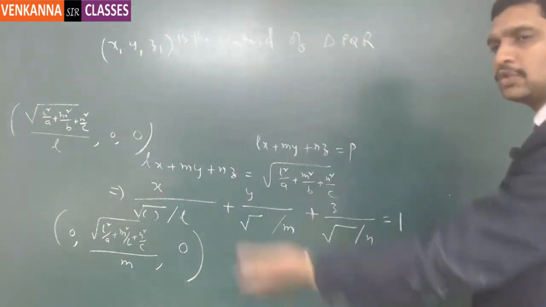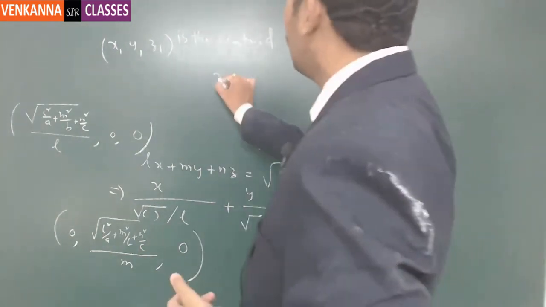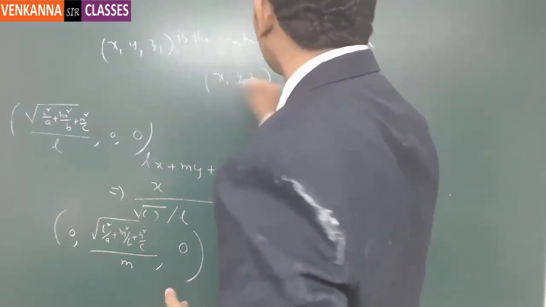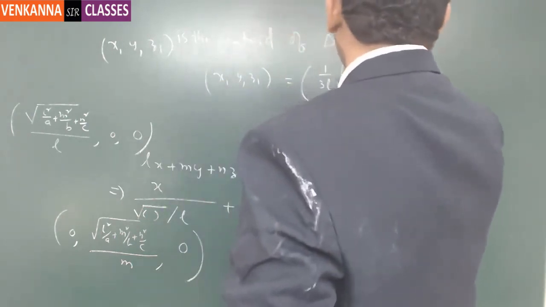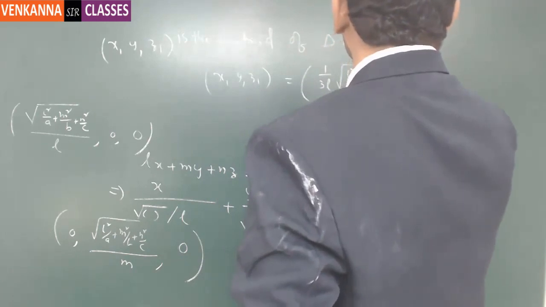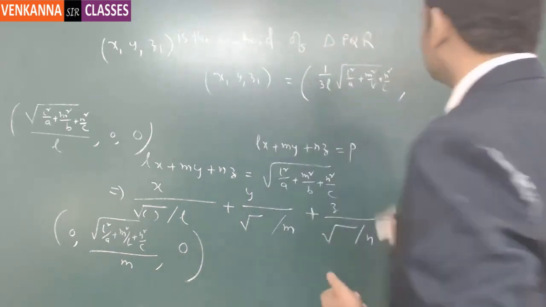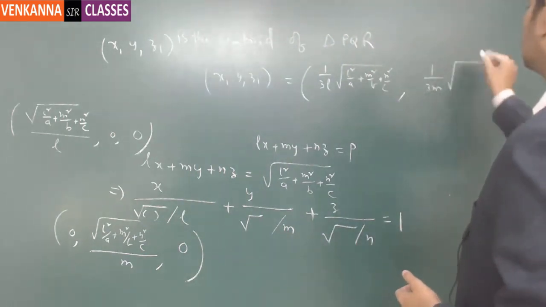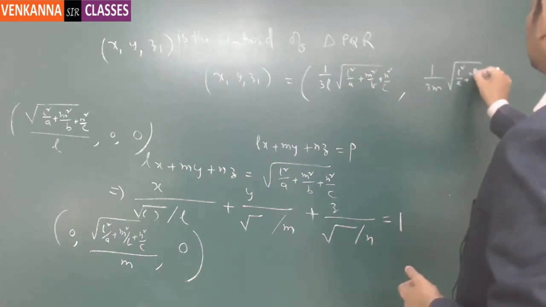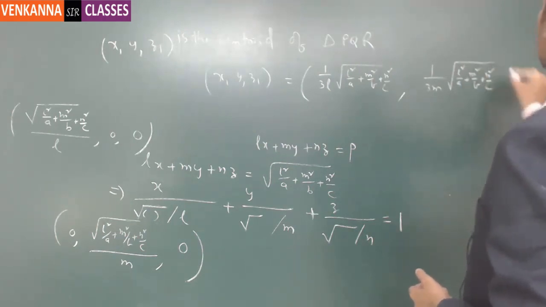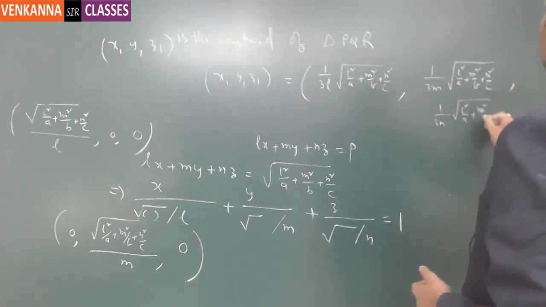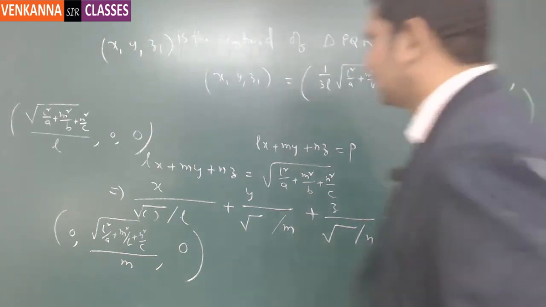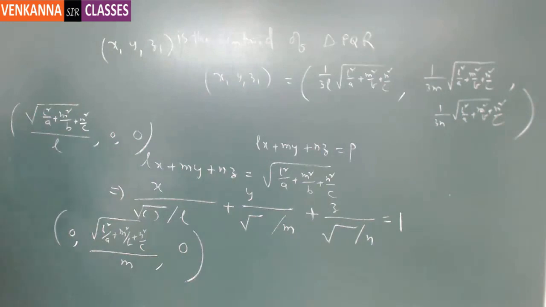So applying the centroid formula, x1, y1, z1 is equal to 1 by 3L into square root of the expression. This is the centroid. Clear to all?